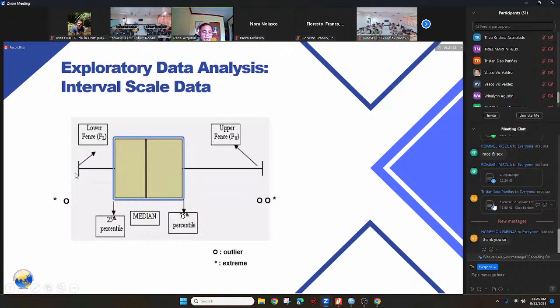So you have the minimum, the maximum, and these are considered outliers. This one with an asterisk is very extreme already. This is Q1, this is Q3, and this is Q2. You notice it is longer to the right, so skewed to the right.